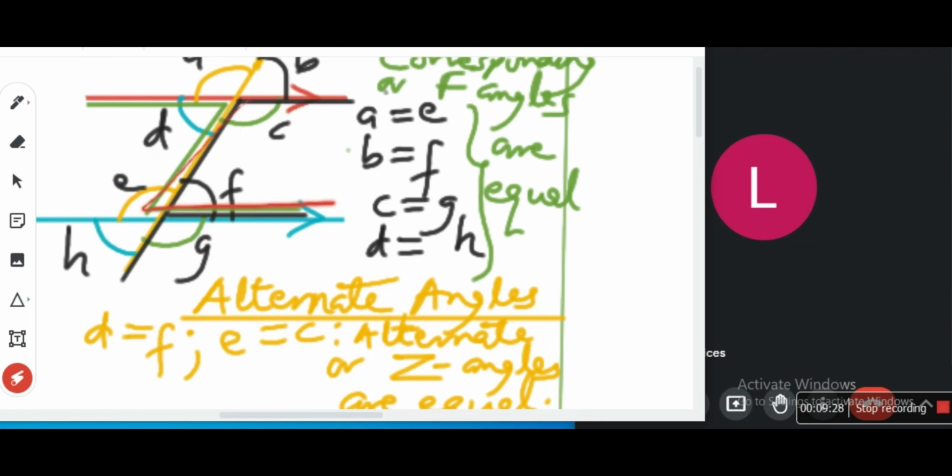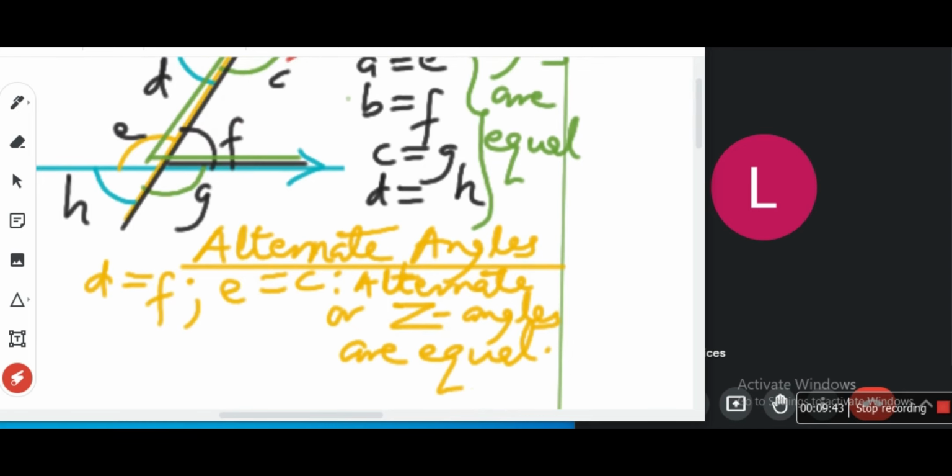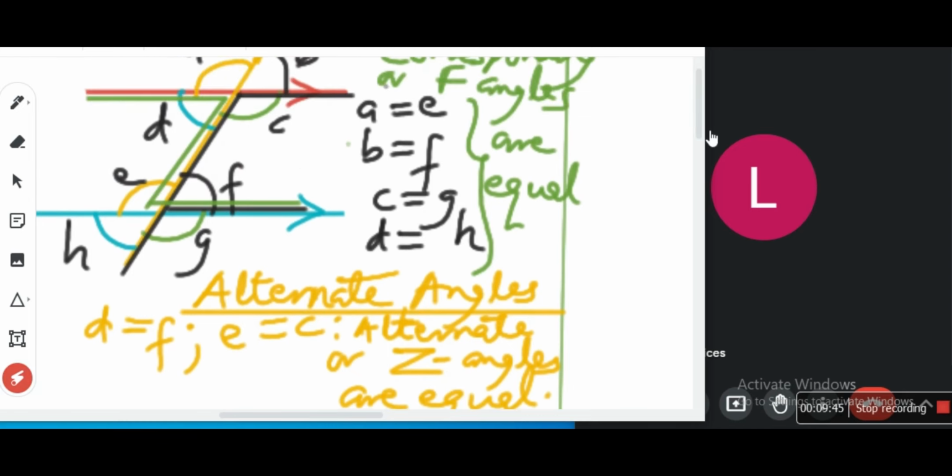Whether it is drawn this way or this way, C must be equal to E, D must be equal to F.